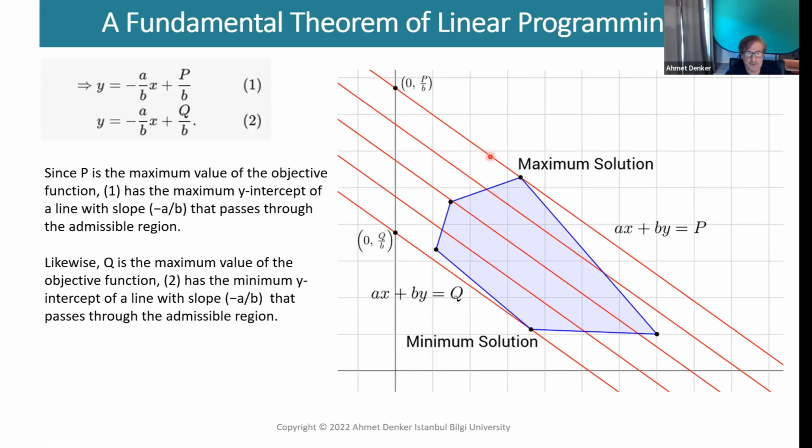In this case, it is this one for the maximum solution. And for the minimum solution, I'm going to look for the minimum y-intercept value, and it is this. And I hope it is clear for you all. This graphical solution is very handy. And make sure that you go through these examples.